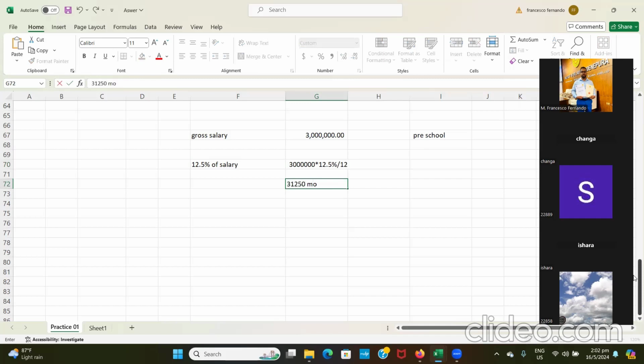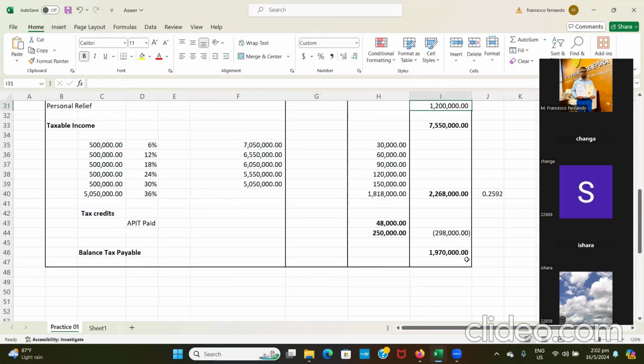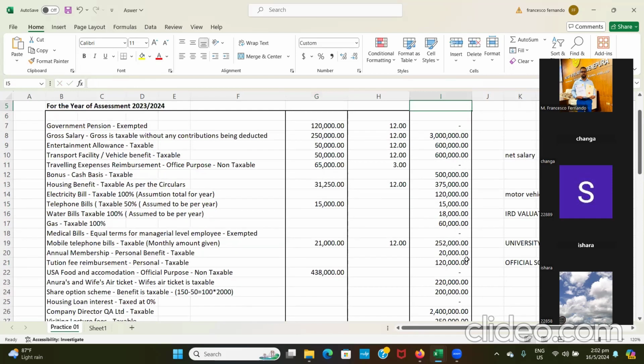Then this is the monthly value. Multiply it by 12 and get the annual value. So if I go to the calculation here, you can see 31,250 into 12, 375,000. So that is regarding salaries.